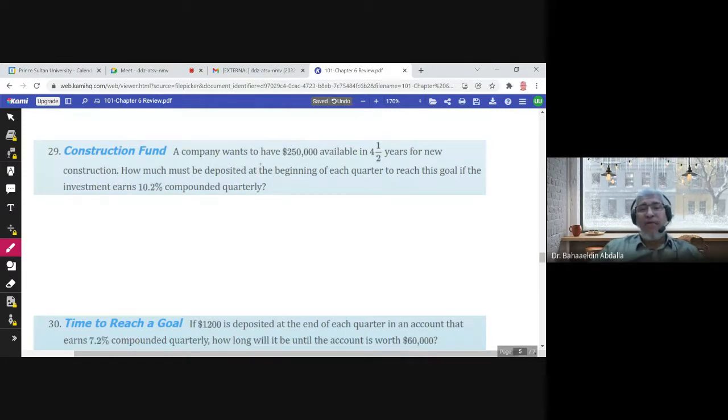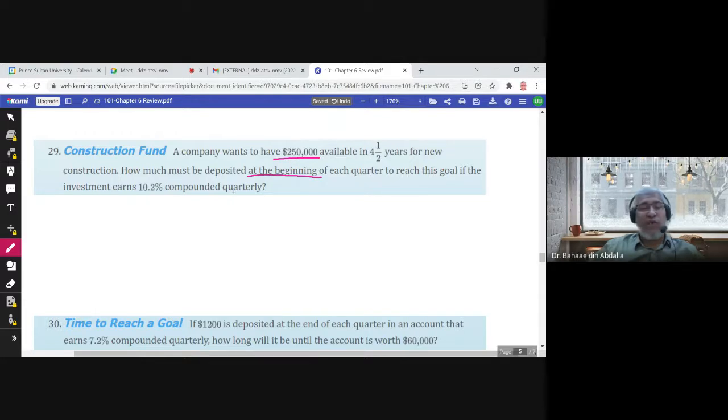A company wants to have 250,000 available in 4.5 years. So this is a future value. The lump sum is in the future for new construction. How much must be deposited at the beginning of each quarter? Beginning of each quarter, this is an annuity due.